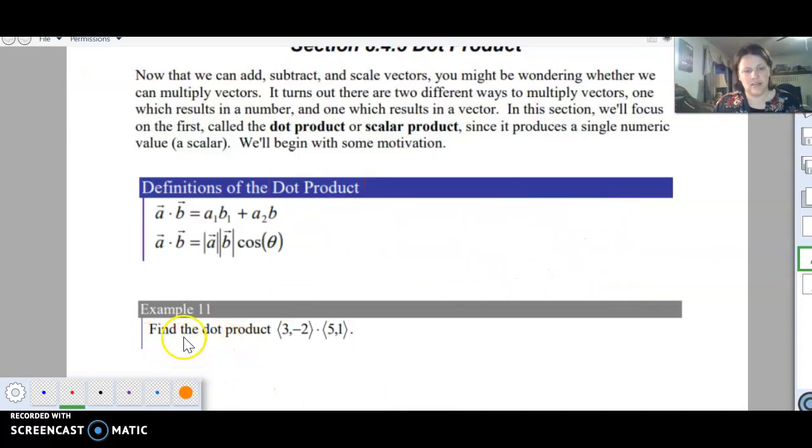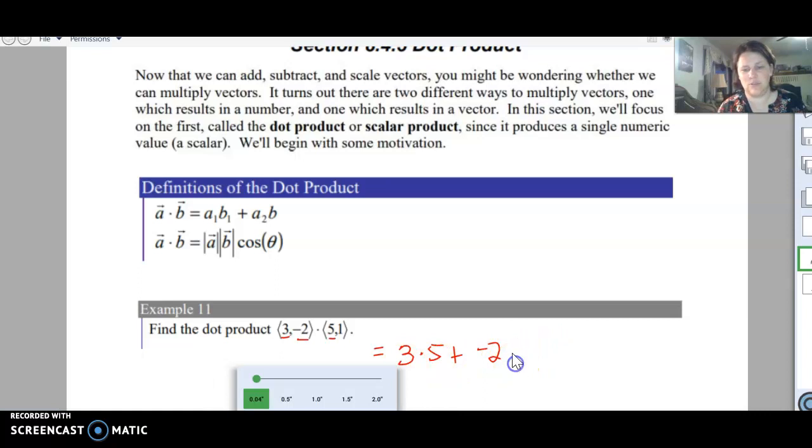So this first example right here says find the dot product of <3, -2> and <5, 1>. To find our dot product, we're just going to take the first term in the first vector times the first term in the second vector, plus the second term in the first vector times the second term in the second vector.